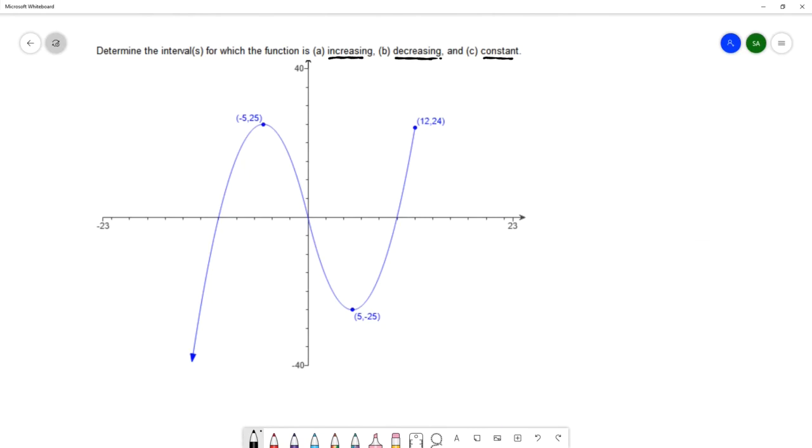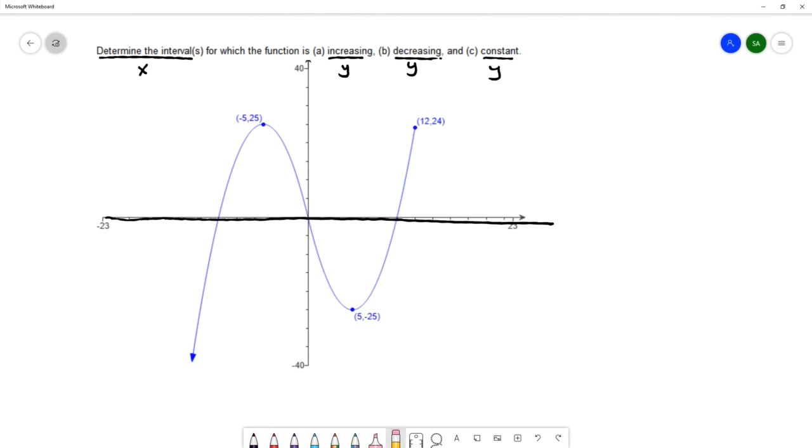What we're referring to is what is happening with the y values, whether the y values are increasing, decreasing, and constant. And when we determine the intervals, we're referring to the x intervals. So we look along the x-axis for the intervals, and we decide which intervals are increasing or decreasing based on what we see with the y values.